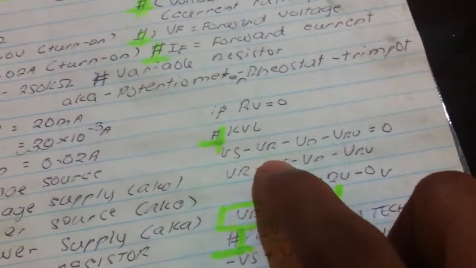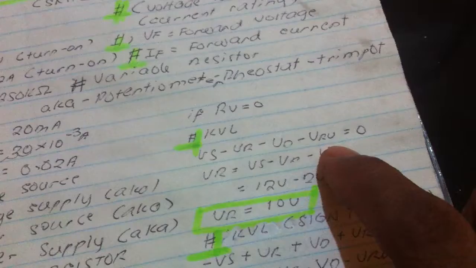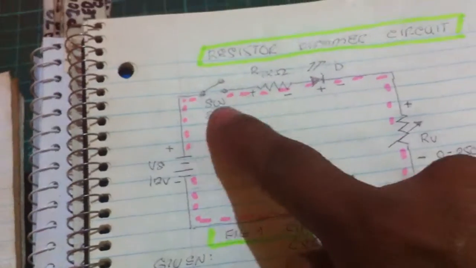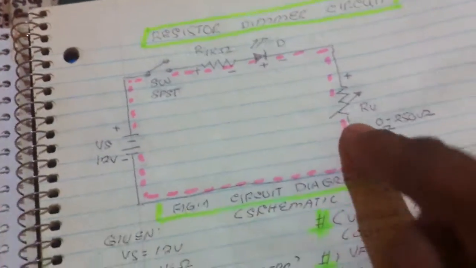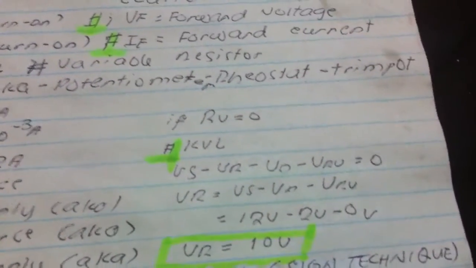That's why we have voltage supply minus the voltage drop of the resistor, voltage drop of the diode, voltage drop of the variable resistor. So it means voltage supply is subtracted by the resistor, LED, and variable resistor. Very simple formula by Kirchhoff.